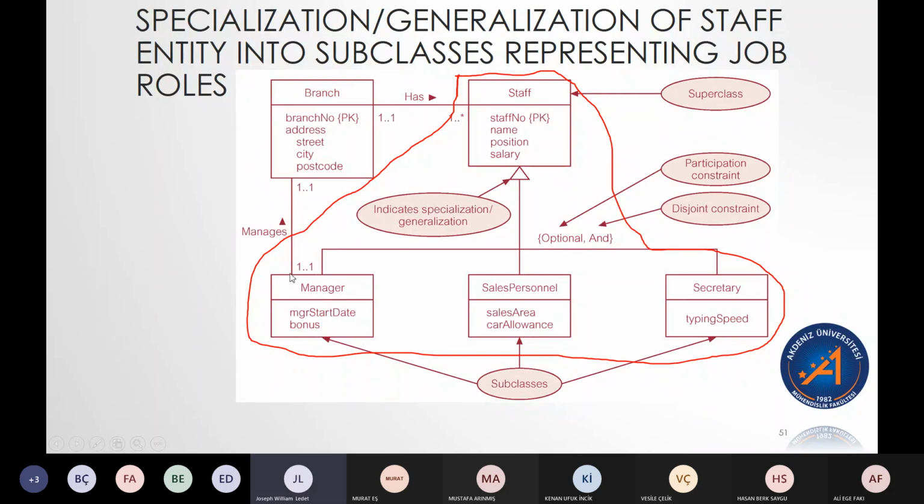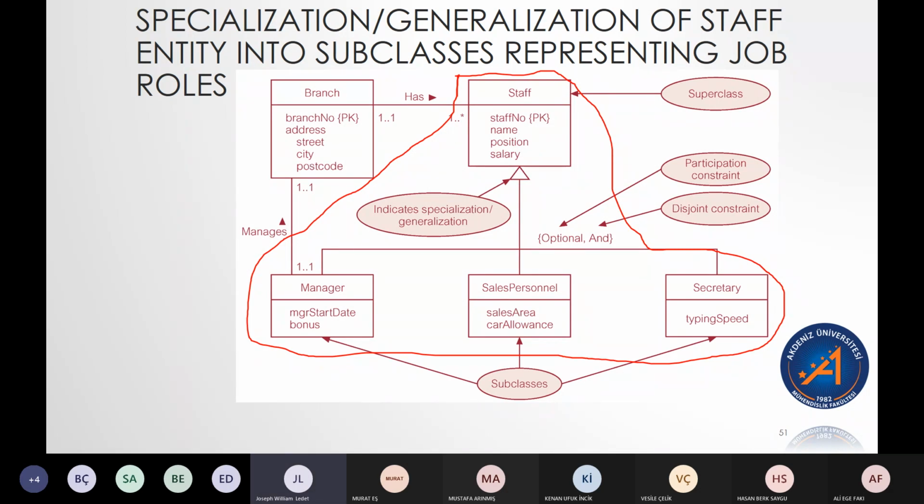Now, instead of having a one-to-one relationship that has optional participation by the manager, now we can have a one-to-one required participation relationship here. And basically what we're saying is that if a staff person gets promoted to this position of manager, they must manage a branch.